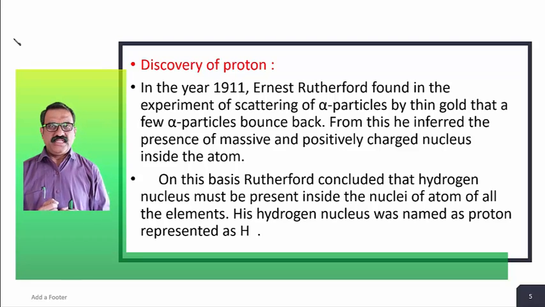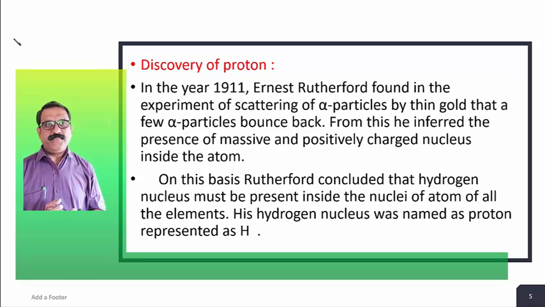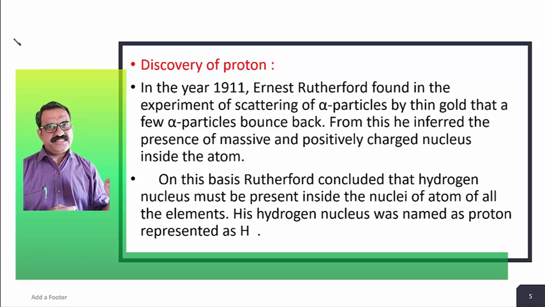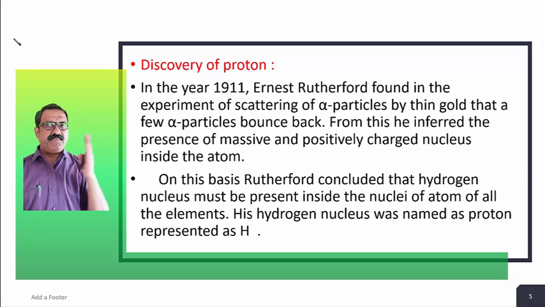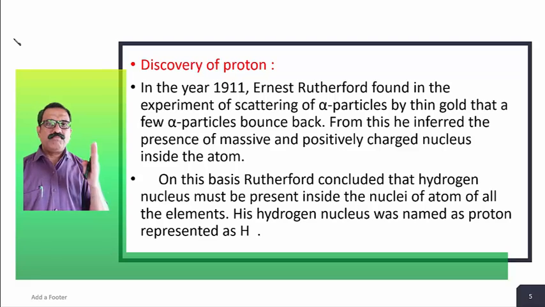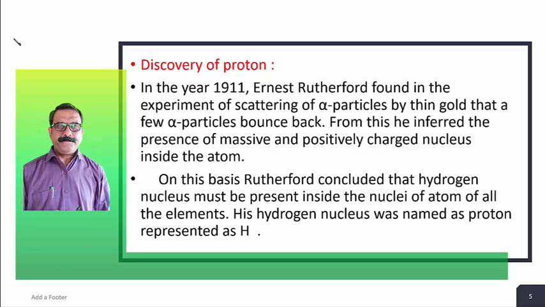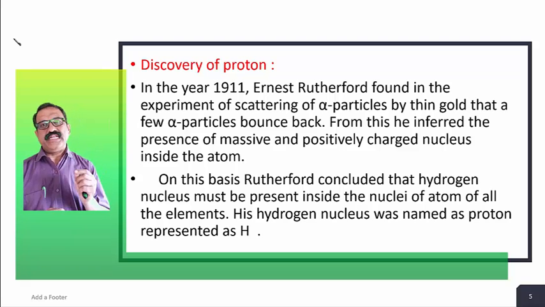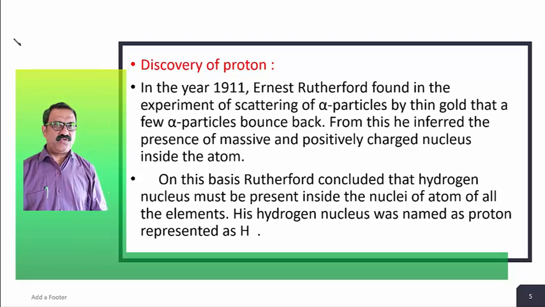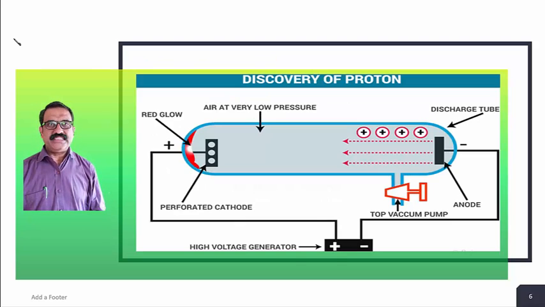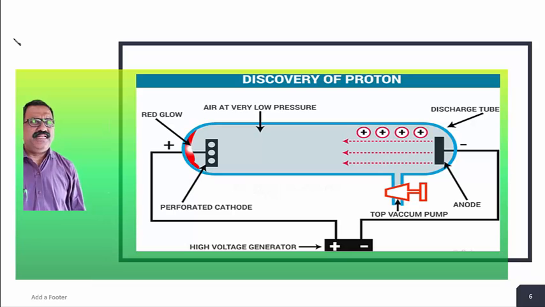We all know that there is attraction between dissimilarly charged particles. Here, both have a positive charge, and very few alpha particles rebound from this nucleus. On this basis, he concluded that every nucleus of an element must contain hydrogen, which is known as a proton.